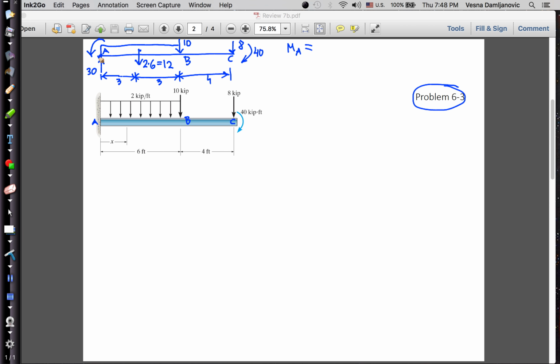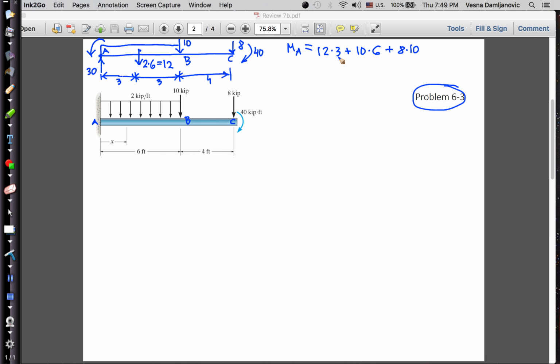So the moment of this force around A goes like this, so it's 12 times 3. So let's just write it: 12 times 3 plus, it's not always going to be plus, but here it is plus. This force, which is 10, times the arm, which is 6, and plus 8, and then times the entire length, which is 3 plus 3 plus 4, it's 10.